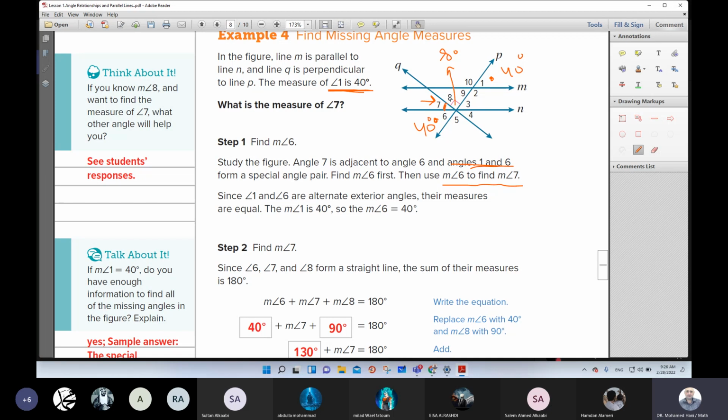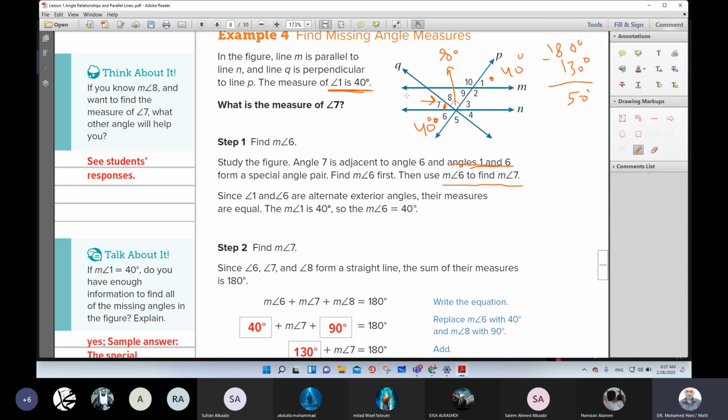So we know now, angle 8 equals 90, and angle 6 equals 40. 40 plus 90 will be 130. Subtract from 180, because all angles here, 6 and 7 and 8, will be supplementary, because here we have straight angles, so it will be 50.